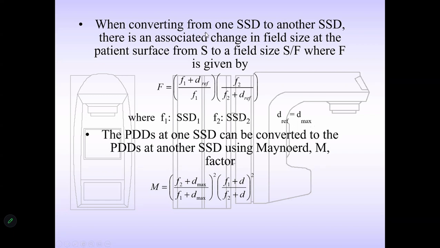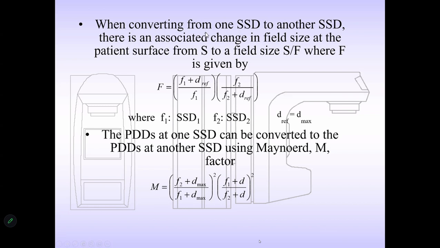So if you want to convert PDD from one value to the other, you could just use the Mayneord factor. It's probably very unlikely you will ever apply it, but I just mention it. It's the Mayneord factor that compares the PDD for two different SSDs.